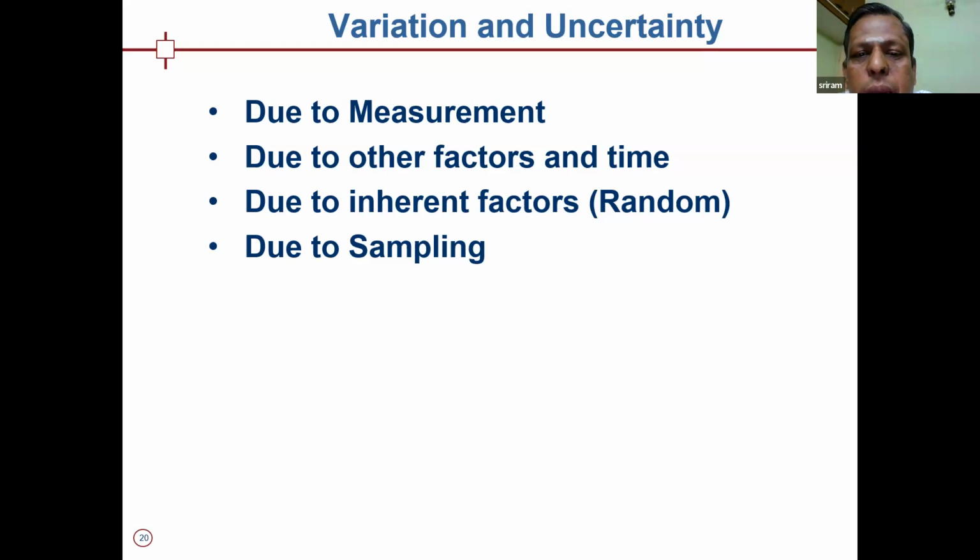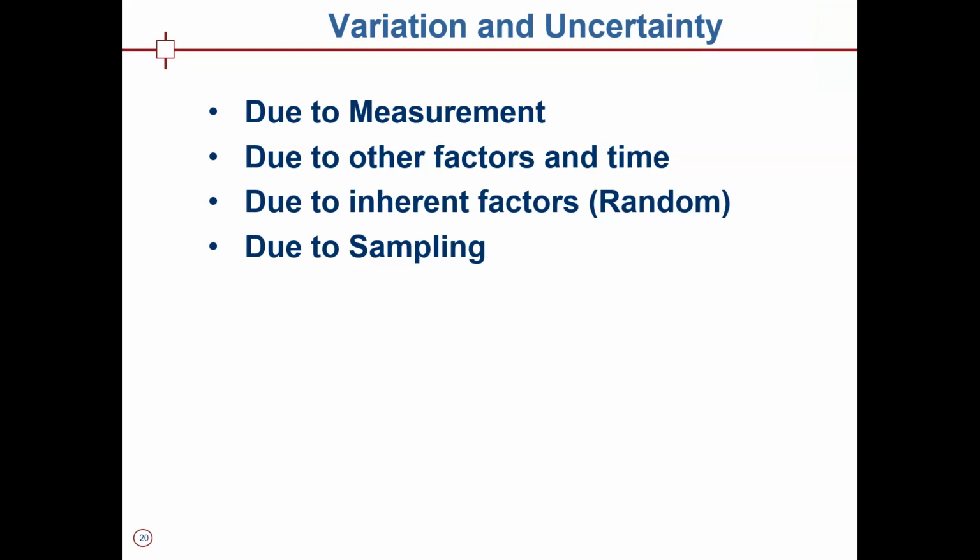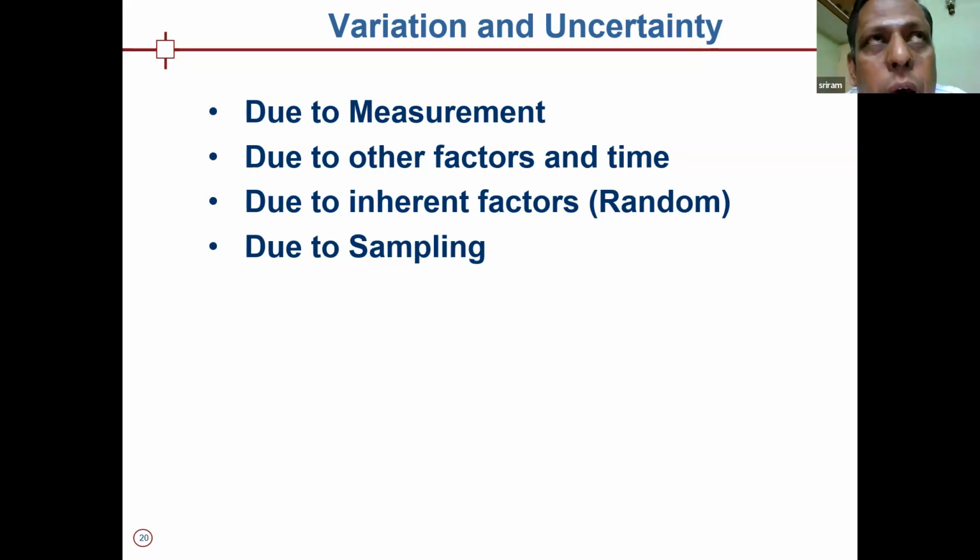So next is due to inherent factors. What is due to inherent factors? Variation in the outcome. This is called uncontrollable variation.